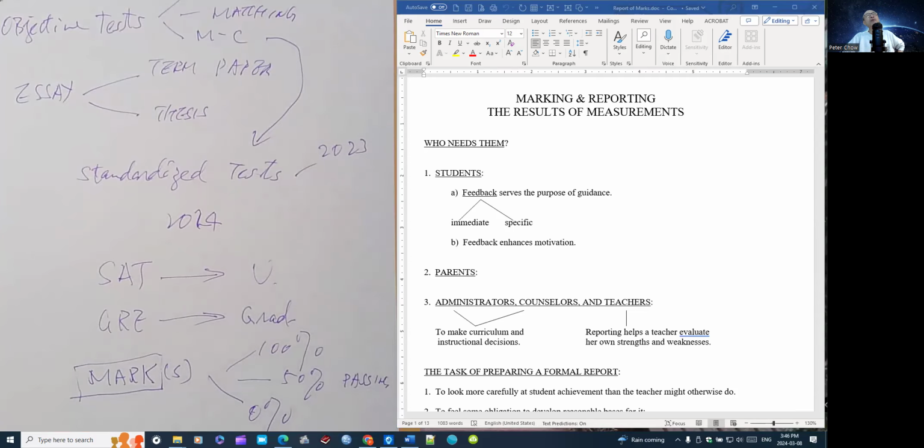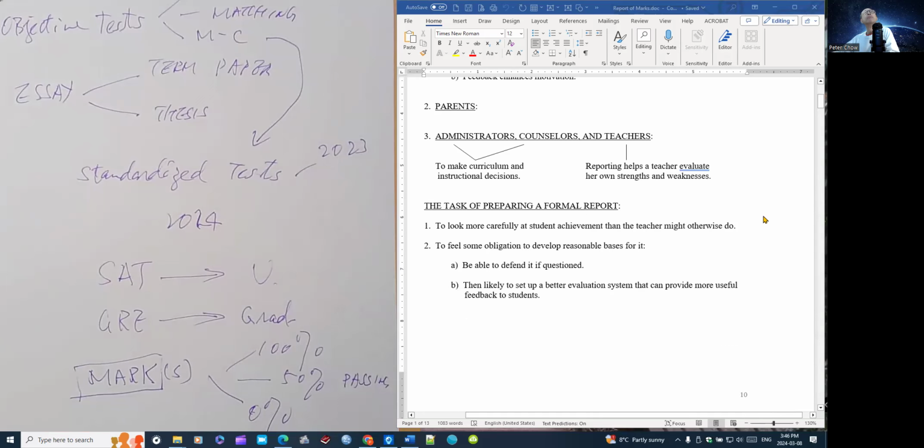All right, so for administrators and counselors and teachers, marks are important for making curriculum and instructional decisions.